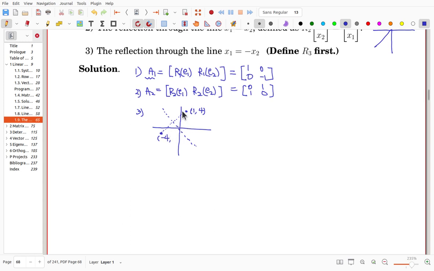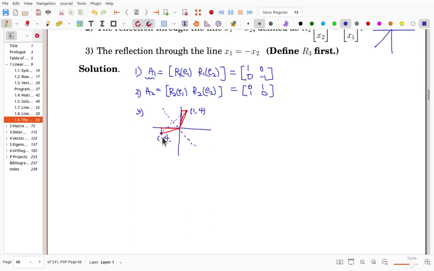And again, that height must be the same as that height. Now let's try to make it clearer. If you consider that triangle here, then that will be the corresponding triangle. So this height is the same as that one, right? Okay.